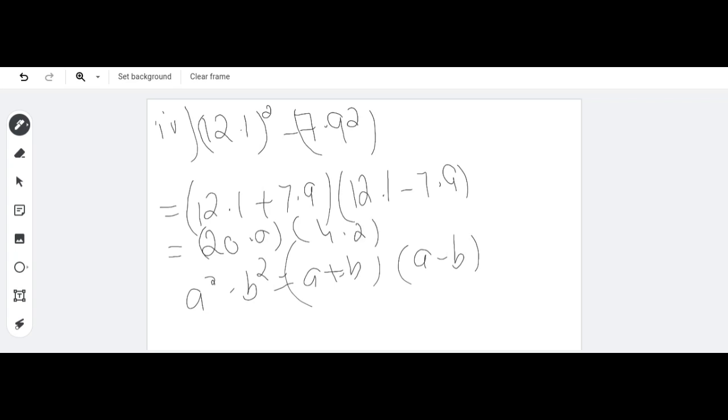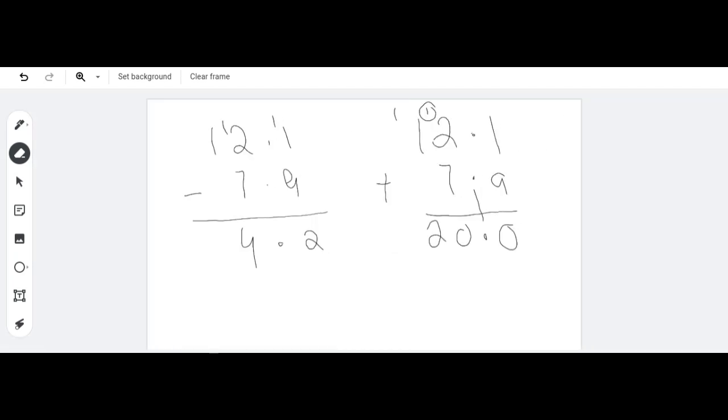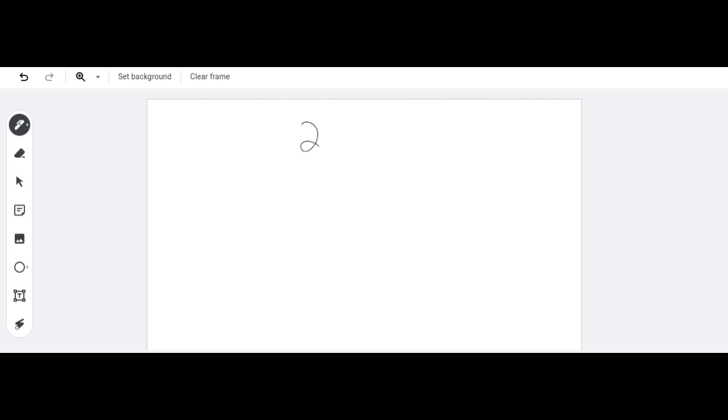Now I have to multiply these two, then I will get my answer. Now I am doing each step by step. I also expect this from you. You have to solve each step, no? Just like this. Now I have to multiply these two answers. 20.0 is going to be multiplied with 4.2.